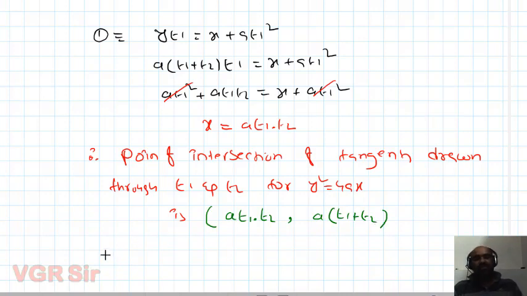So you need to remember this result, the point of intersection of two tangents at T1 and T2, because by using this result you can solve so many problems and we can derive so many results.